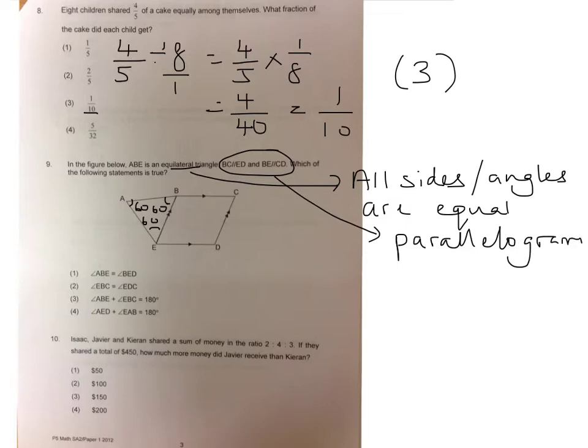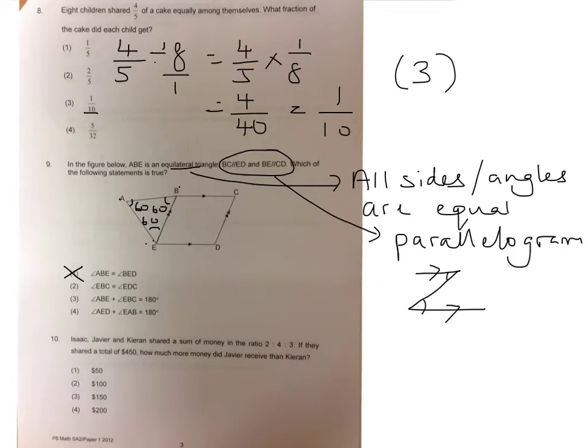Angle ABE is equals to BED. This is not true, because remember when we say alternate angles, they must be between a pair of parallel lines.